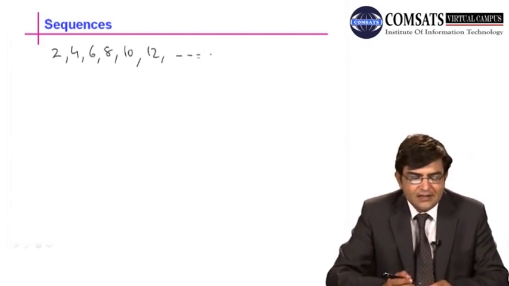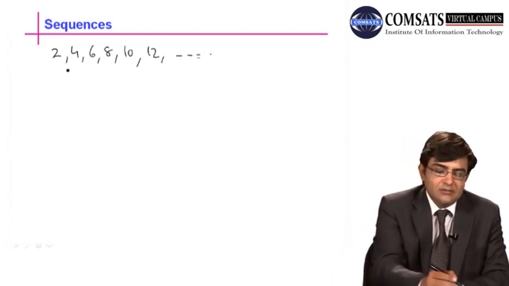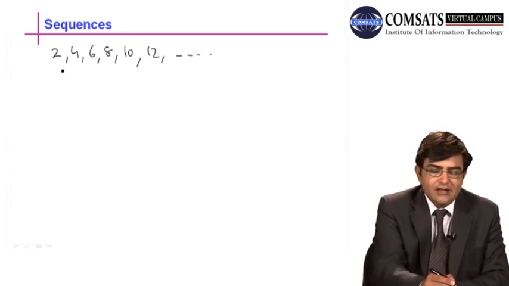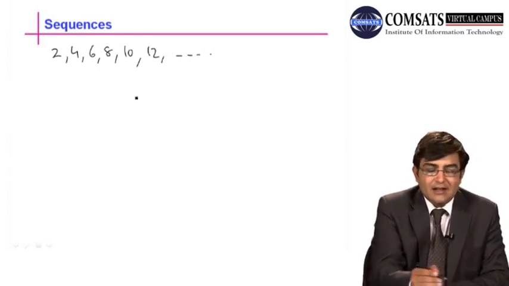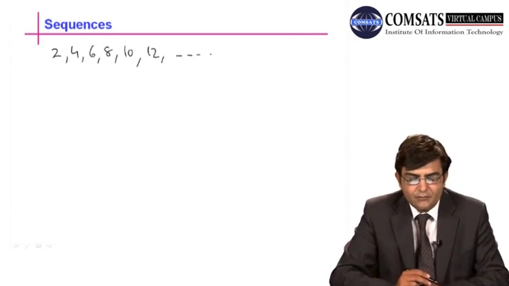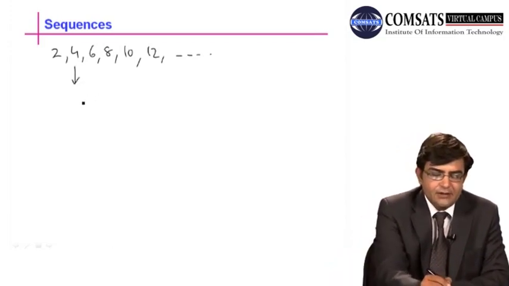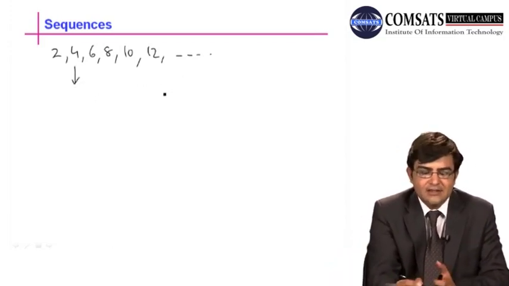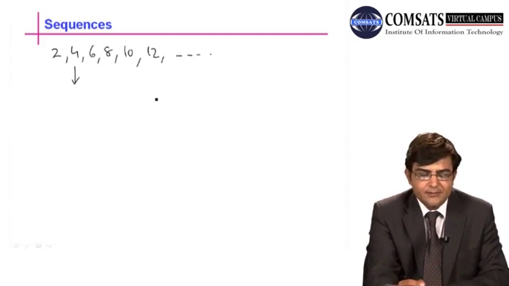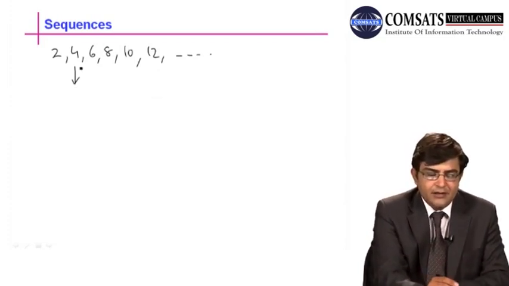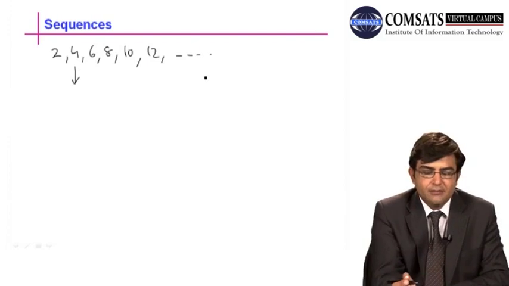A sequence basically is a set of numbers in which there is a relation between every number. For example, this is basically a sequence of even numbers. The next number is obtained by adding 2 to the previous number.